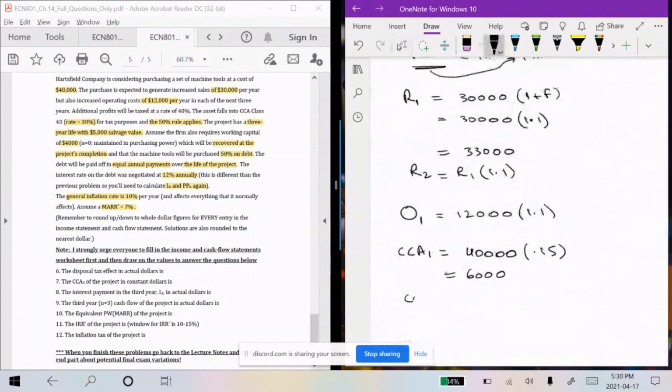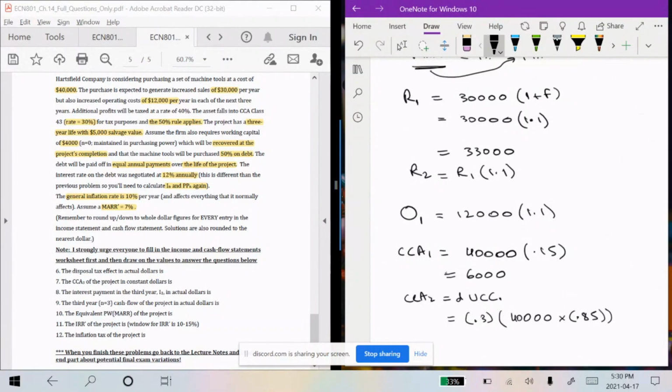Then the CCA for the second period. Remembering the formula for the CCA, you take the UCC of the previous period and multiply the CCA rate with that. In the second period, the CCA rate is 0.3 because that's the normal rate. The UCC of the first period was 40,000 times 0.85, because it was depreciated by 15%, so what was left was 85%.